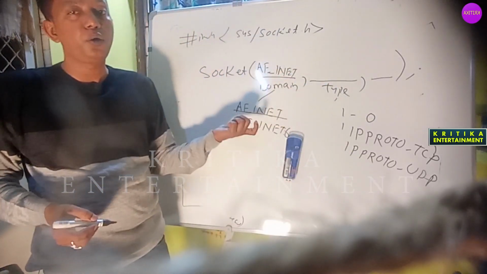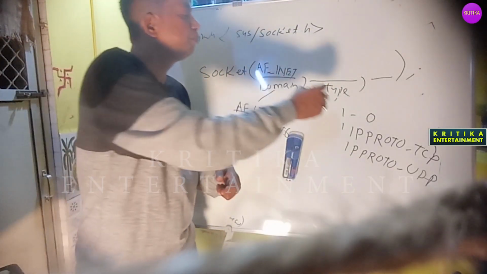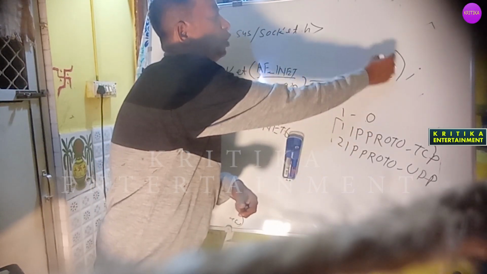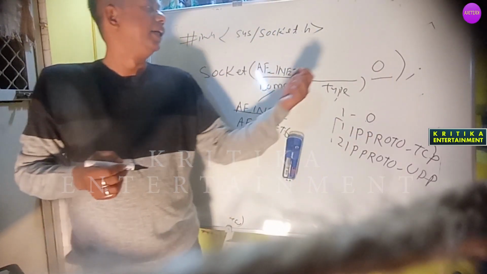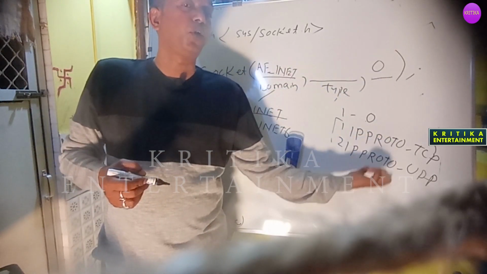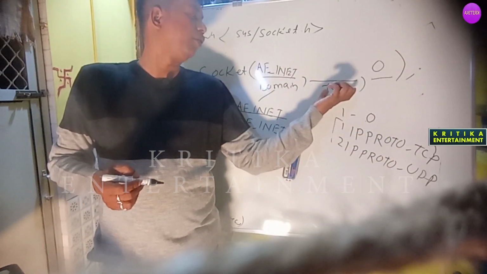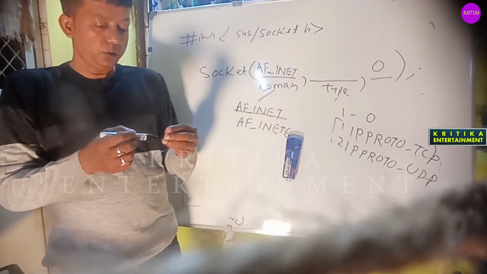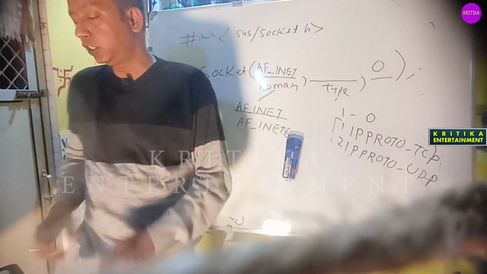If you do not know option 1 or 2, simply write 0. That means it automatically takes the protocol to decide the type of the socket. So here I will declare the socket.